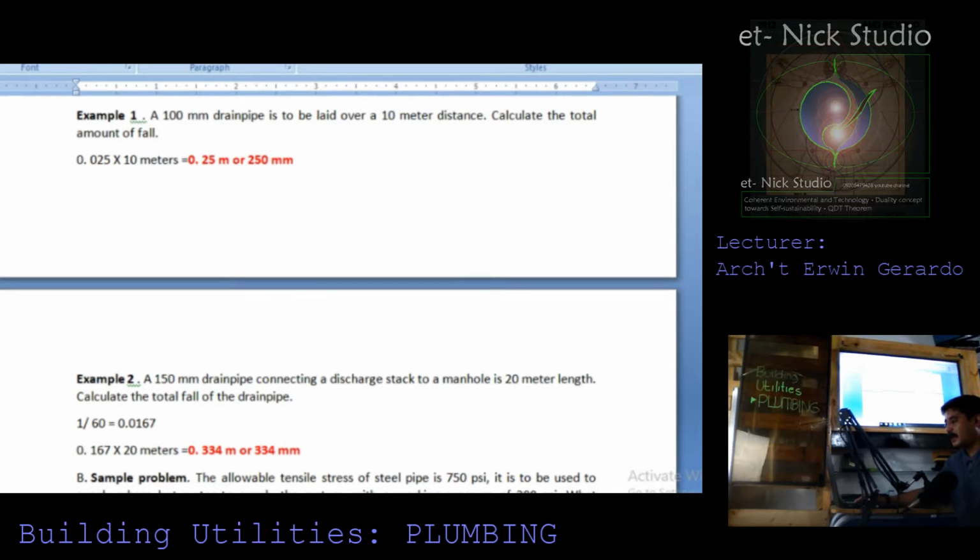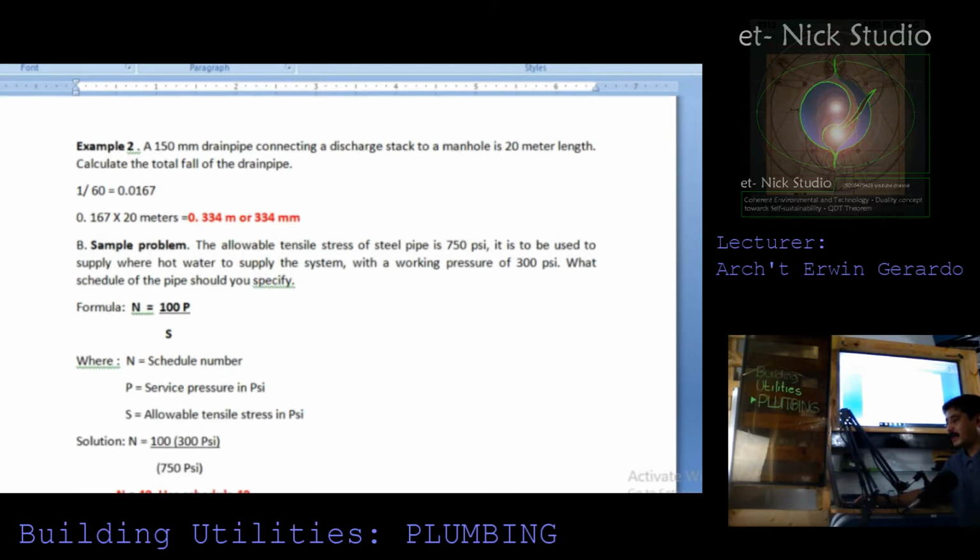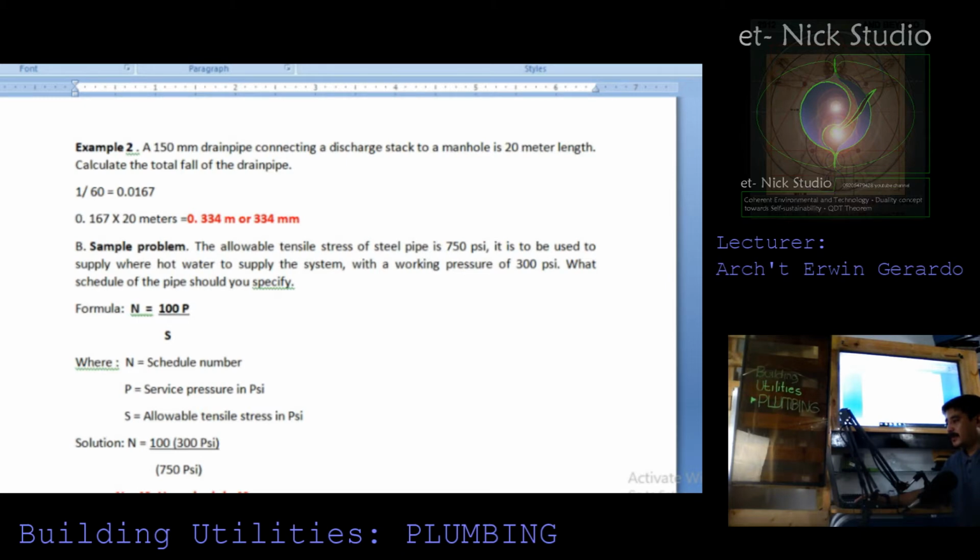Another example, example number 2. If you have a 150 millimeter drain pipe connecting a discharge tap to a manhole, 20 meters in length, you are required to calculate the total fall of the drain pipe. The ratio here is 1:60, which is equivalent to 0.0167.